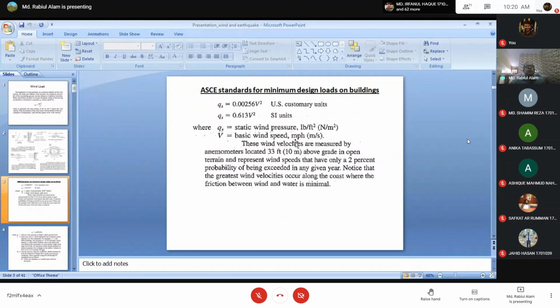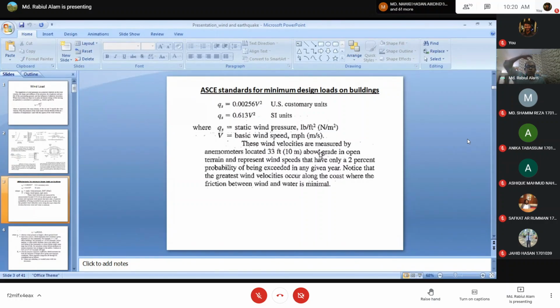So these are the things you have to keep in mind when you determine equivalent static wind pressure using this formula.